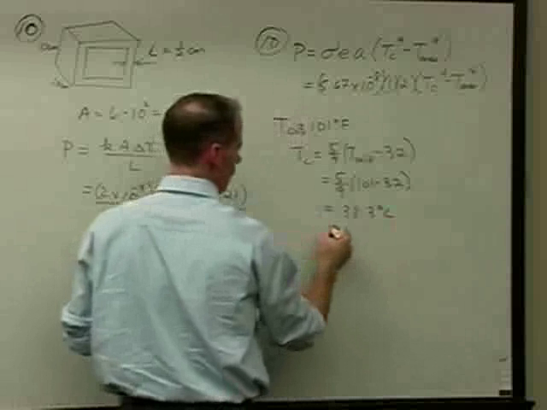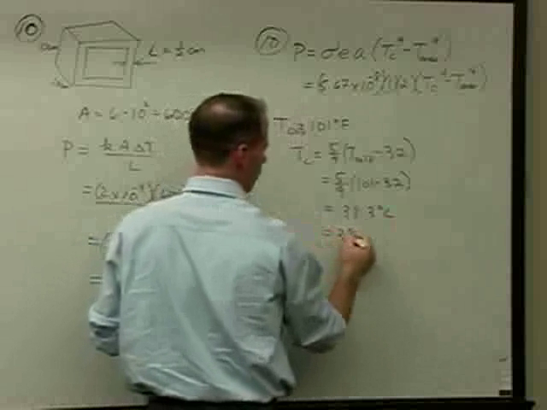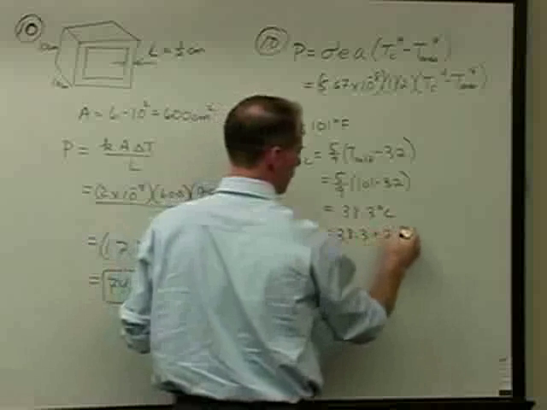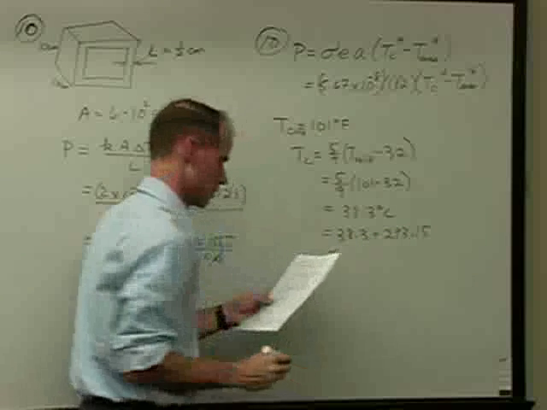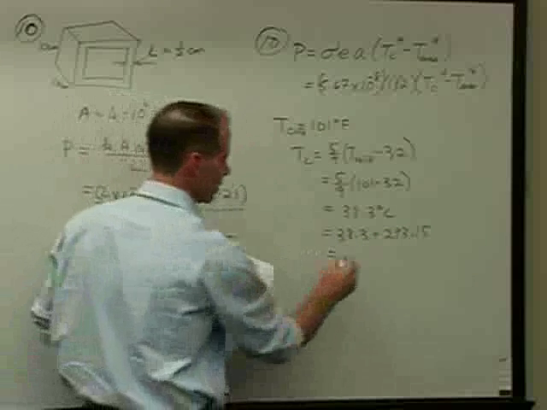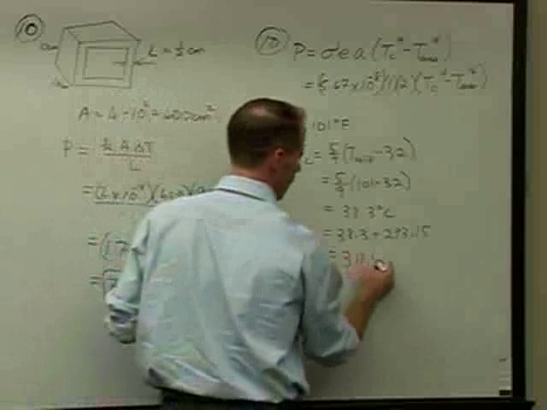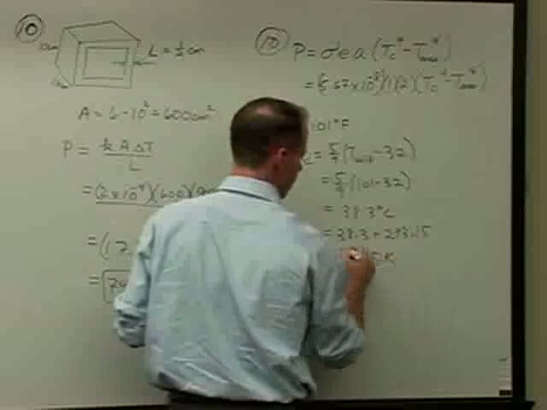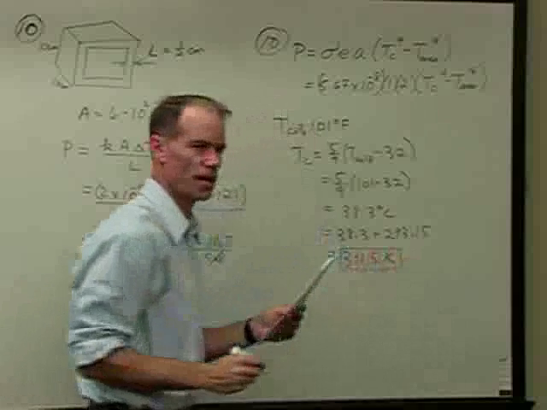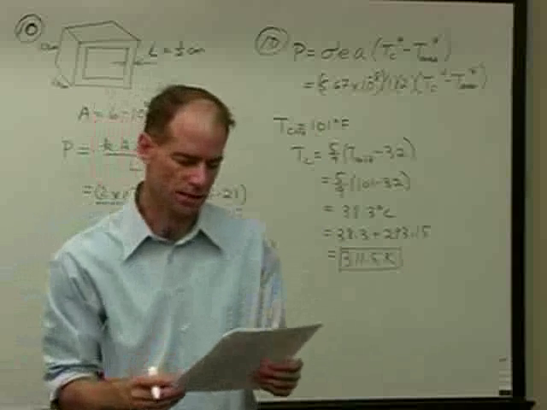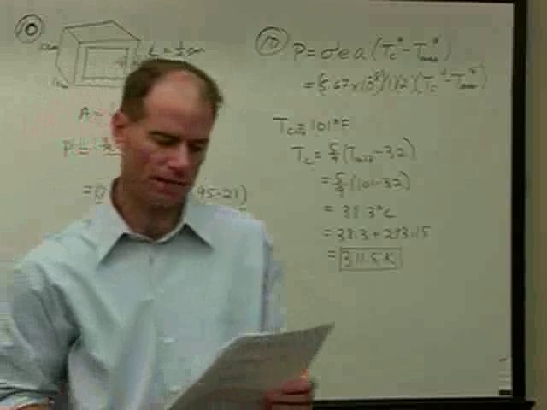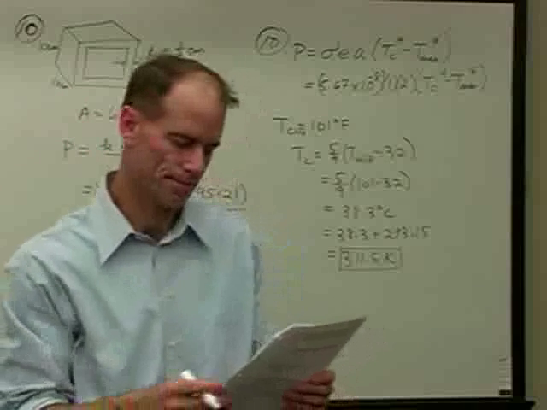And that would be equal to 38.3 plus 273.15, which gives us 311.5 degrees Kelvin. That's the child's temperature in degrees Kelvin. The ambient temperature is 70 degrees Fahrenheit.